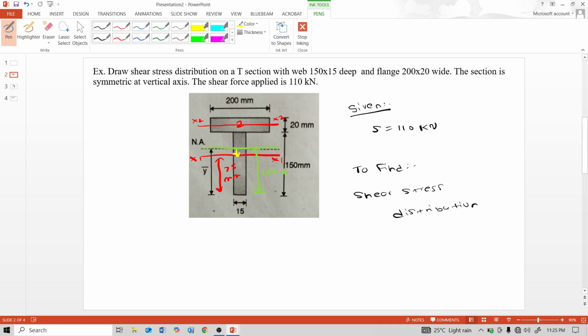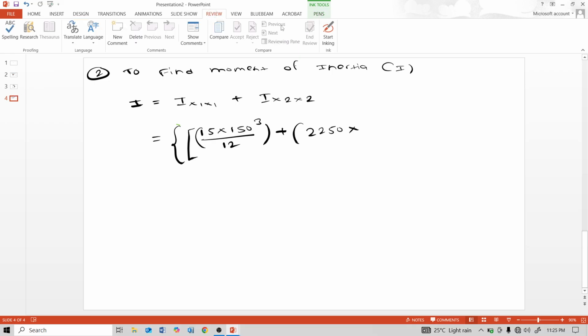And the distance between them is 129.4 minus 79, 50.4, square.